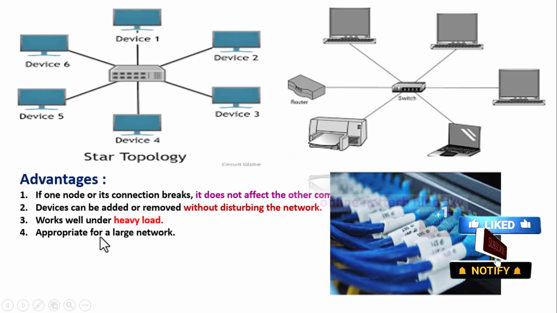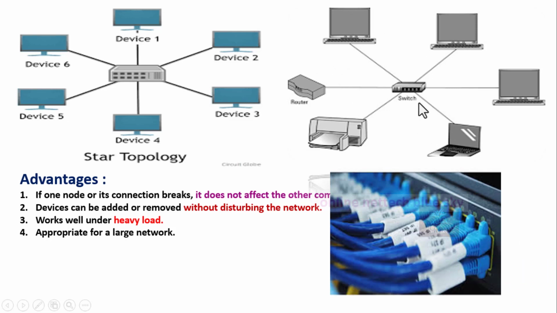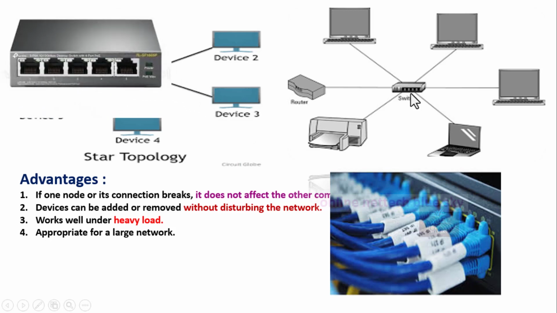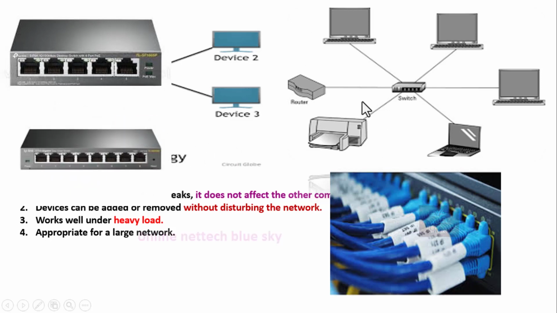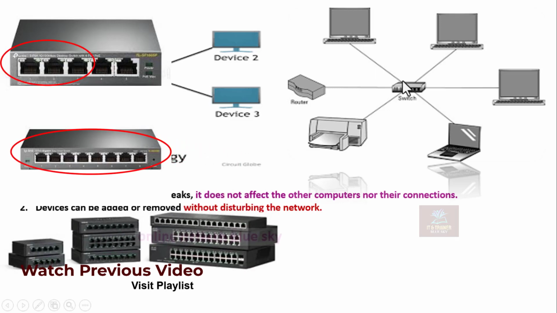So for a large network, you can very easily support it with a switch system, depending on your switch ports. Some switches in the market have 8, 16, 32, or 64 ports. A port means your cable connector, one connector for one device.